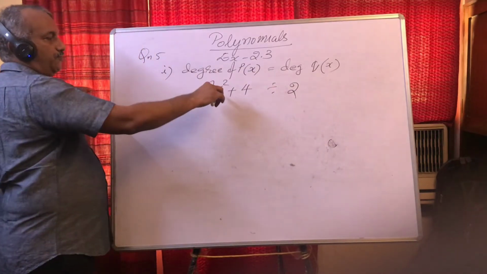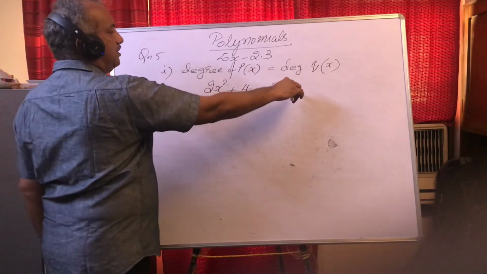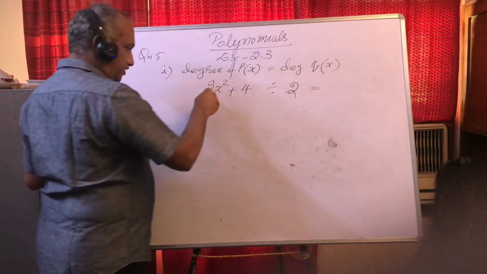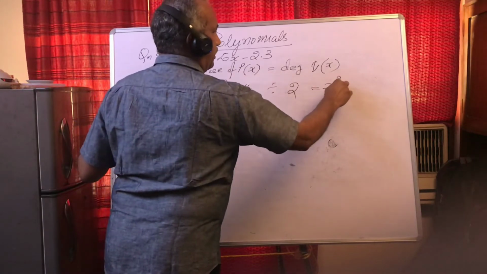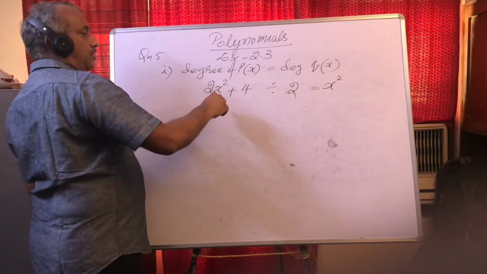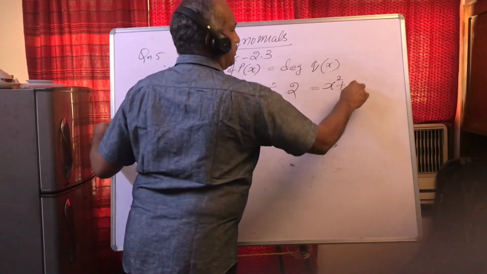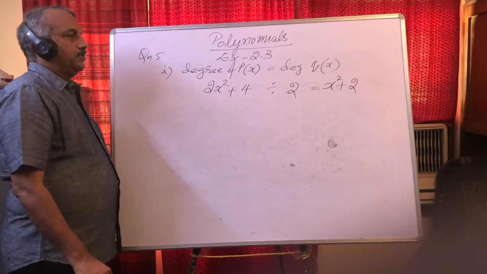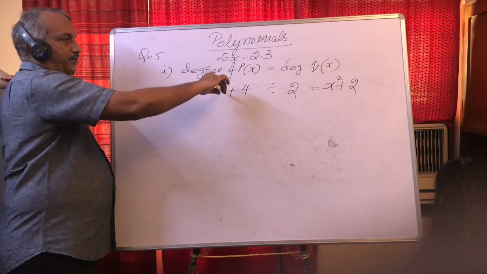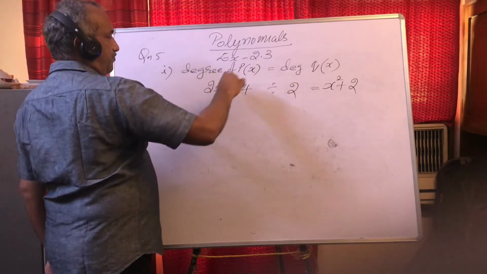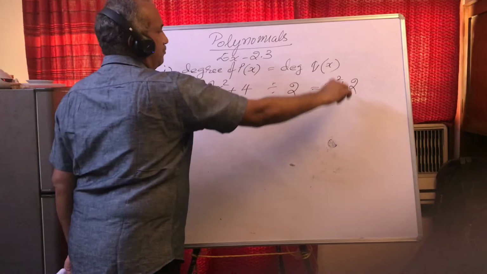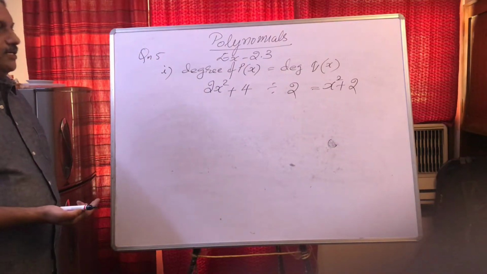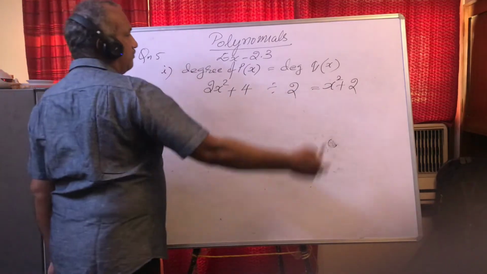I am taking p of x as this one and g of x as this one. What is the quotient? When we divide, here we will get x square, and here 4 upon 2, you will get 2. I am dividing both the terms by 2. I am getting x square plus 2. Now see, the degree of p of x is 2 and degree of q of x is also 2. So this example you can take, or any other example like this you can form.